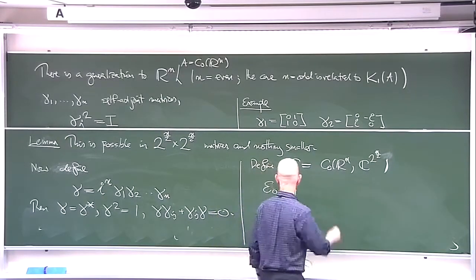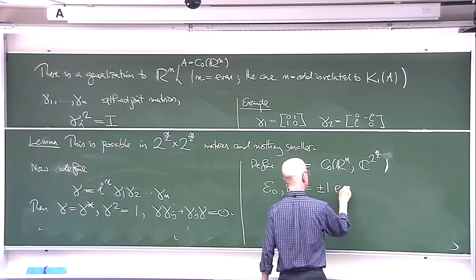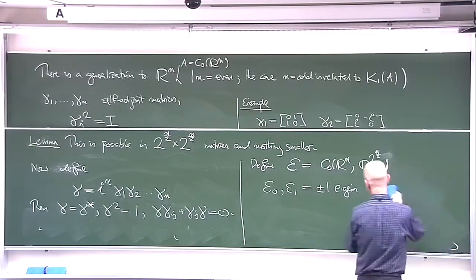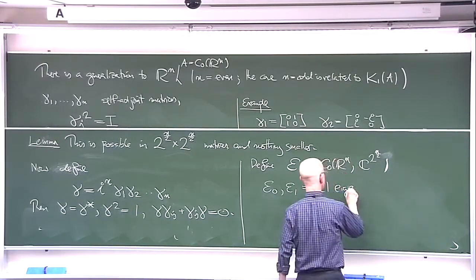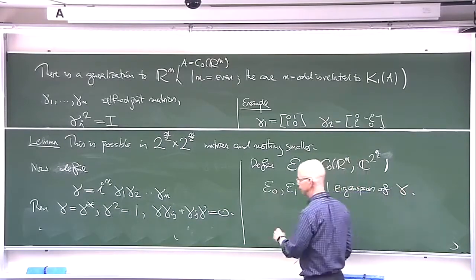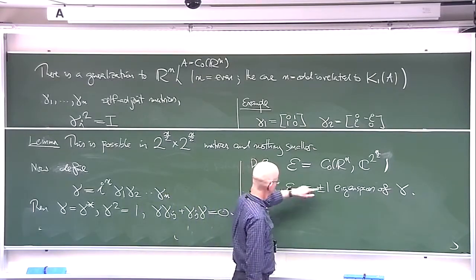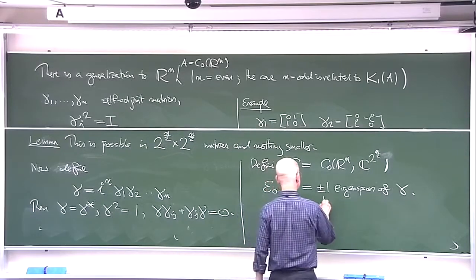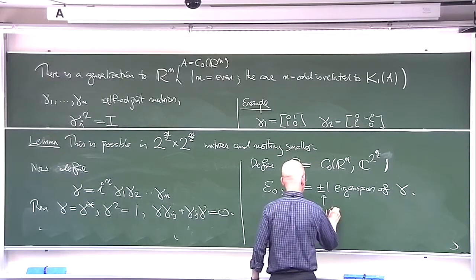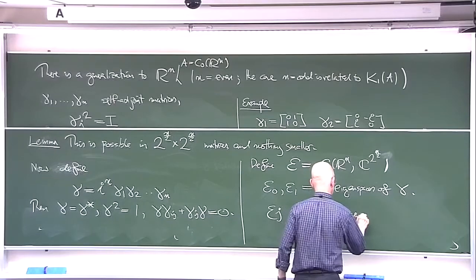Now I want to break up this space according to the eigenspaces of the final matrix gamma over there. Okay, so the indices here you should think of as being, if I call the index here j, then we're looking at the (-1)^j eigenspace.